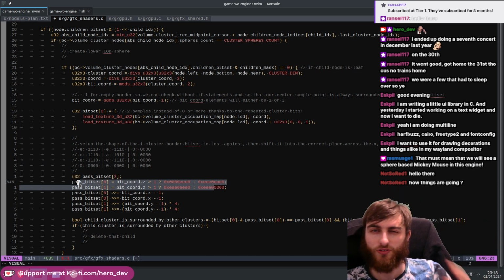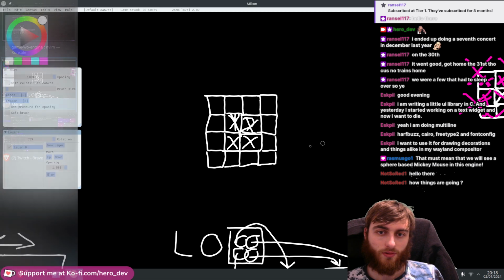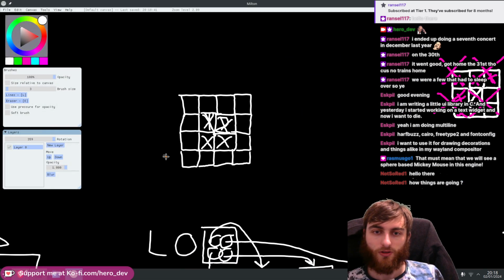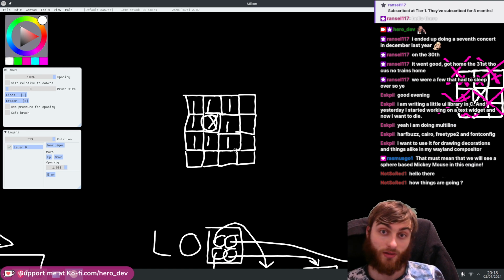You can imagine it's one 64-bit one, but the idea is there's a bunch of bits that purely represent a sample point, which is going to be 0, and there's a bunch of ones going all the way around the outside in 3D. And remember, each of these is a cluster which represents a 2x2x2 of spheres, with all of the spheres on.